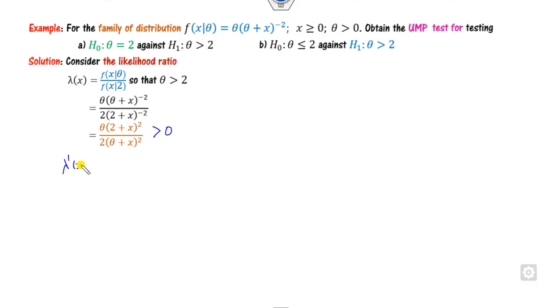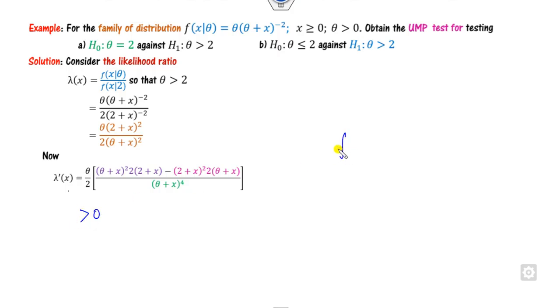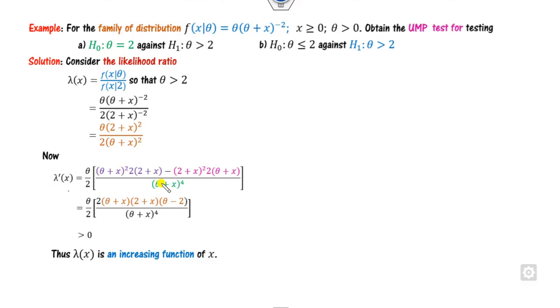We can take the derivative here. We will check whether it's greater than 0, because we all know whenever the derivative is greater than 0, the function is increasing, and whenever it's less than 0, the function is decreasing. Once you simplify, you clearly see that theta is my positive number, theta minus 2 is always a positive number, x is my positive number, so this number is positive, this number is positive, so it's an increasing function.